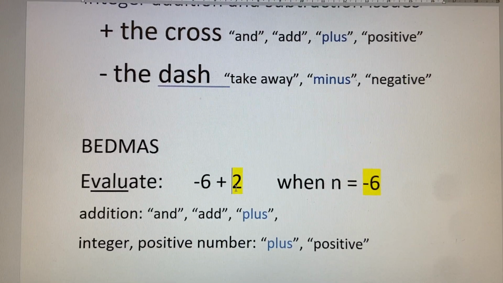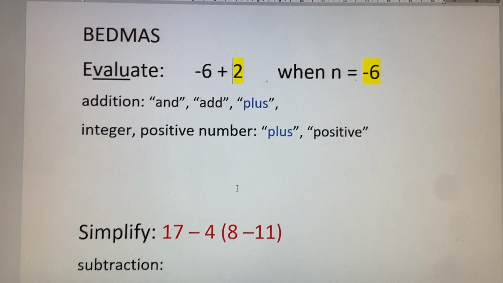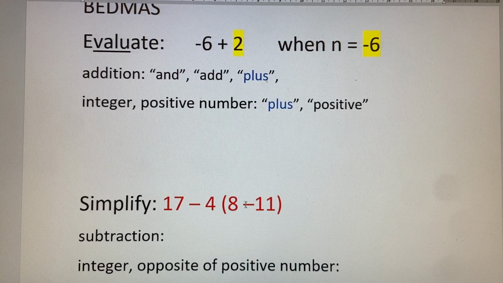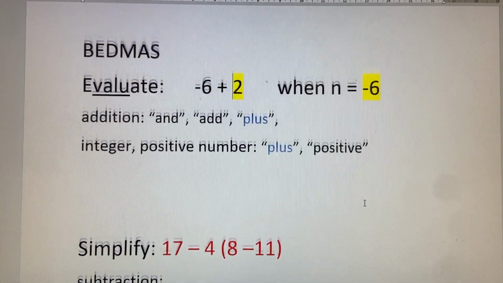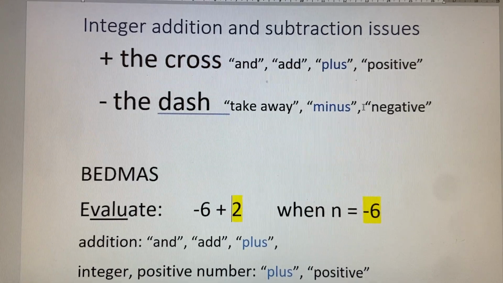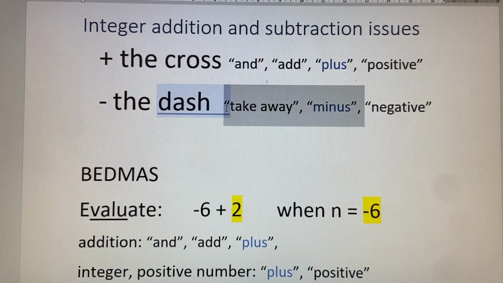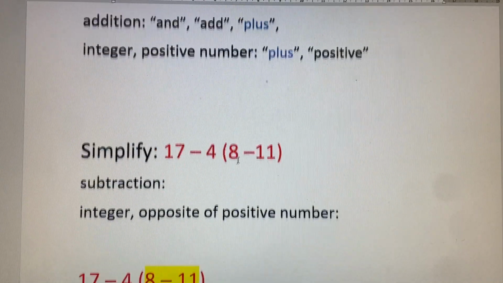The following example is going to be with subtraction. It's going to be a little more confusing because there are two subtractions in it, and these two subtractions or two dashes can end up side by side depending on how it's being solved. So I want to do the same thing and overlay some of the language here.